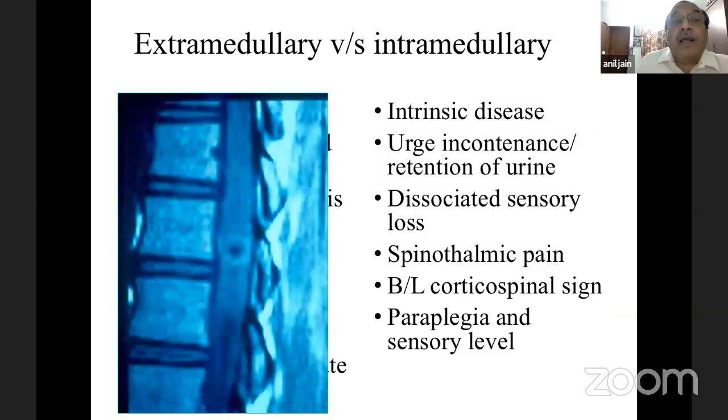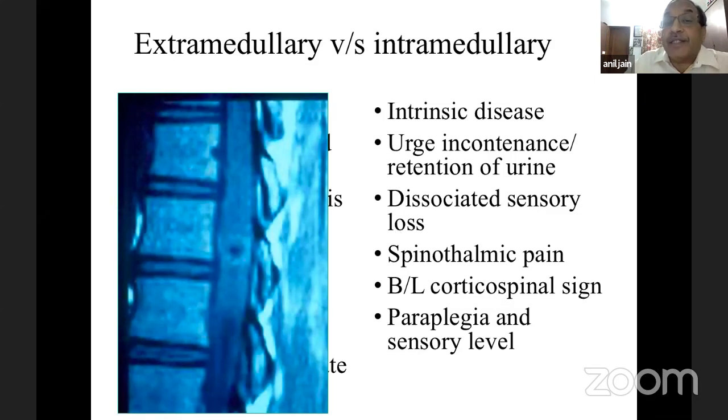While intramedullary lesions are intrinsic disease, with urge incontinence, early bladder involvement, and dissociated sensory loss. Because the spinal cord is directly being affected, there will be dissociated sensory loss. Some tracts are affected, some tracts are not affected.